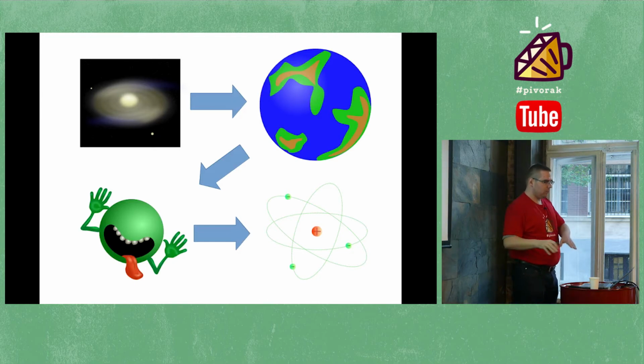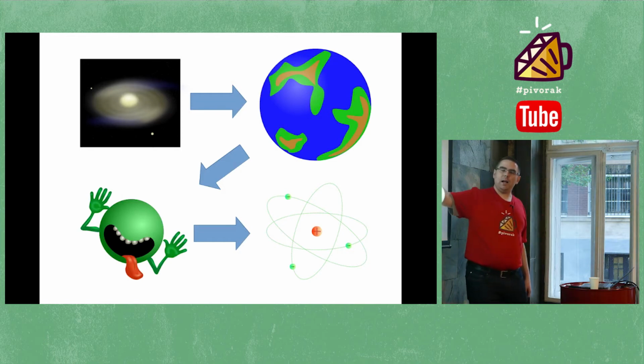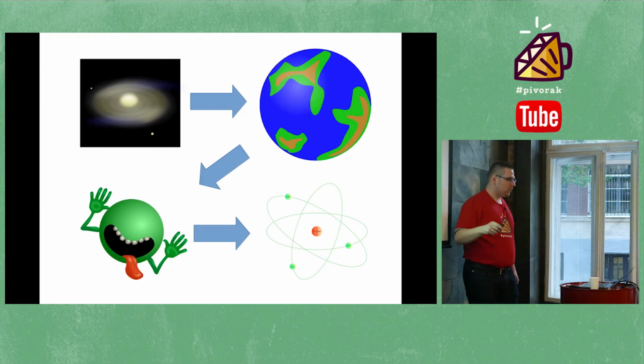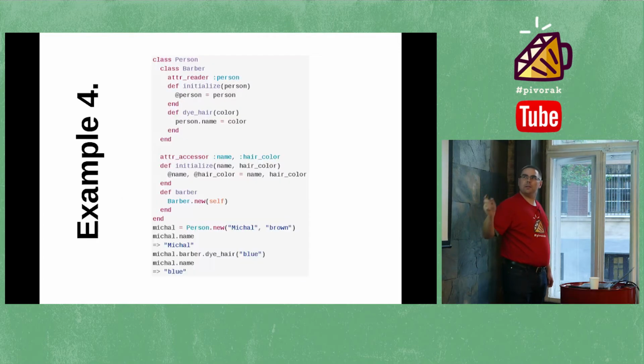You can go from the smallest abstraction level to really big abstraction, where this small atom goes into beings, planets, and then galaxies. So abstraction here allows us to build composition. From atoms, we build creatures.